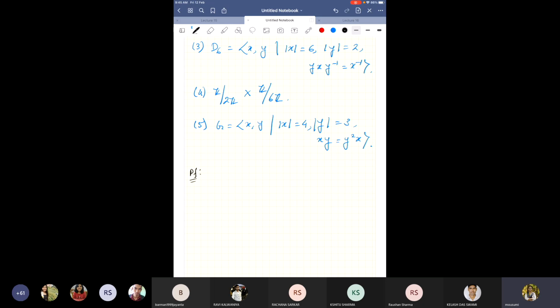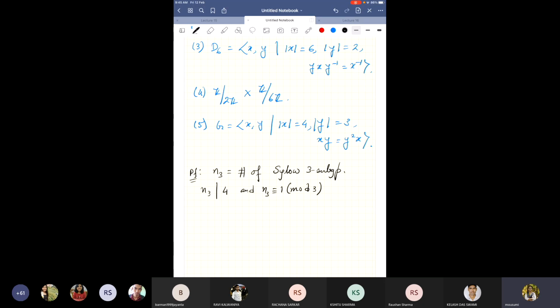So there will be a possibility of a Sylow 2 subgroup and a possibility of a Sylow 3 subgroup. N3 denotes the number of Sylow 3 subgroups. Then what do we know? N3 should divide 4 and N3 is congruent to 1 mod 3.